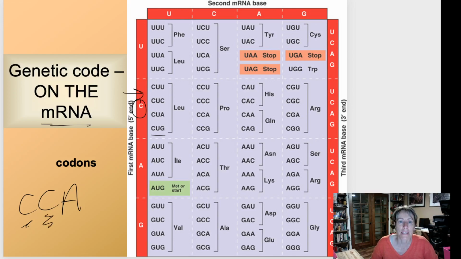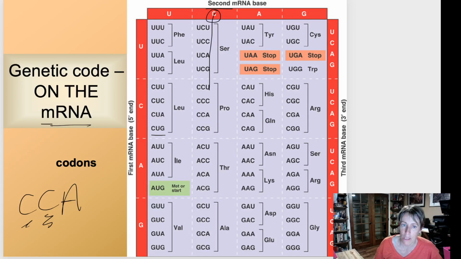My second base is C, so I go up here, second base C. So I'm going to this column, this row, and then here's my third one, A, CCA. It enables me to go straight to CCA just by triangulating between these sides, rather than having to read a whole long list until I get to CCA. And this tells me that the CCA codon lines up with the amino acid proline.